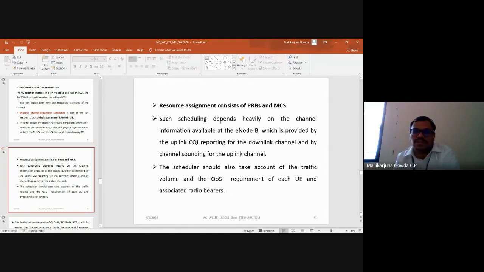Scheduling depends on channel information available at the ENB, which is provided by channel CQI reporting for the downlink channel and channel sounding for the uplink channel. The scheduler also takes into account the amount of traffic volume and the quality of service requirement of each user equipment associated with the radio bearers.